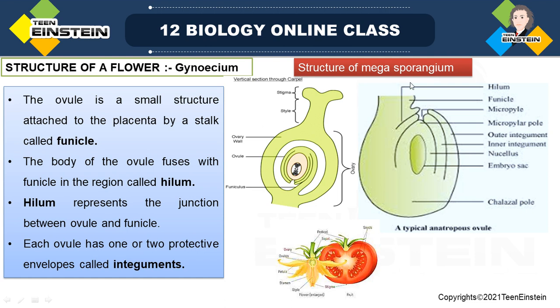You can see here, this is the hilum region where the body of the ovule attaches to the funicle. That place of union is called the hilum. So the hilum represents the junction between the ovule and the funicle.